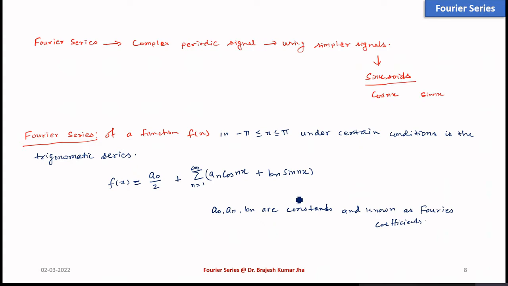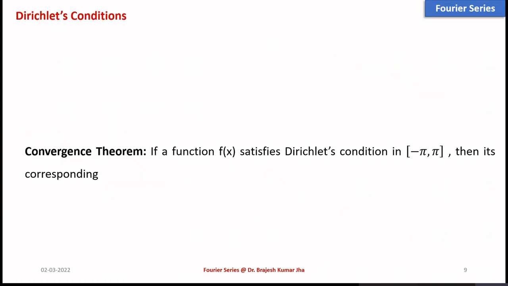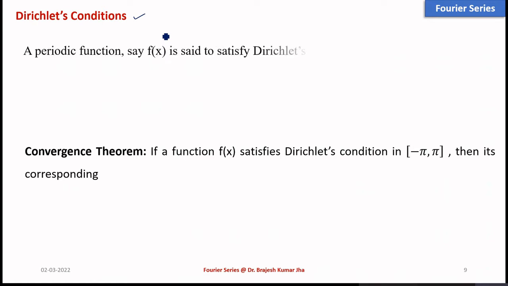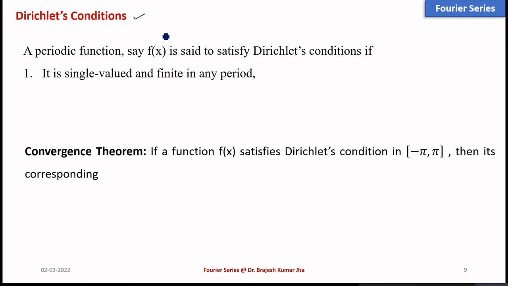So what are the conditions to apply the Fourier series? This is known as Dirichlet condition. So what is Dirichlet condition? That we can see here. A periodic function, suppose any function f(x), is said to satisfy Dirichlet condition if it is single valued and finite in any period.